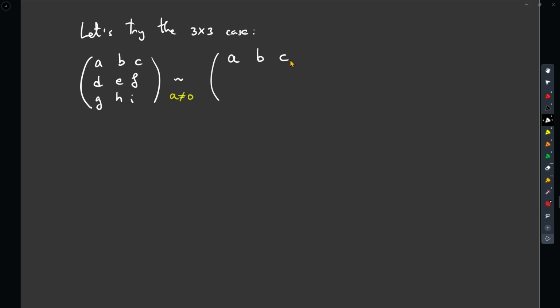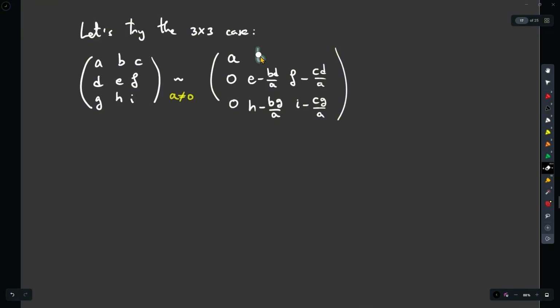So now I have A, B, C. The row reduction looks like this when I eliminate this entry and this entry; the coefficients that I get look like this. And when I row reduce to eliminate this coefficient over here, the coefficient that I get is like this. If you do the row reduction with letters in these variables, you'll see that the matrix ends up looking exactly like this.